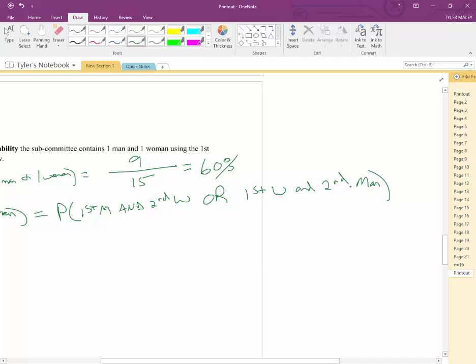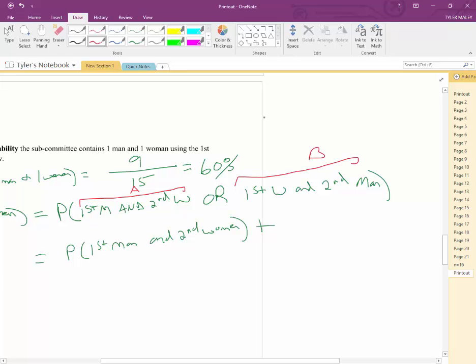So now what we can do is use the second law to split this up. So this would be equal to the probability that the first is a man and the second is a woman plus, so this part is like my event A, and this part's like my B. So remember, the probability of A or B is equal to the probability of A plus the probability of B, and then we have to subtract off the probability of A and B, right?